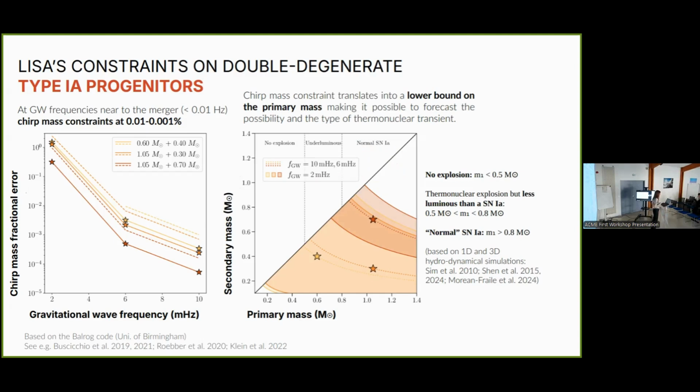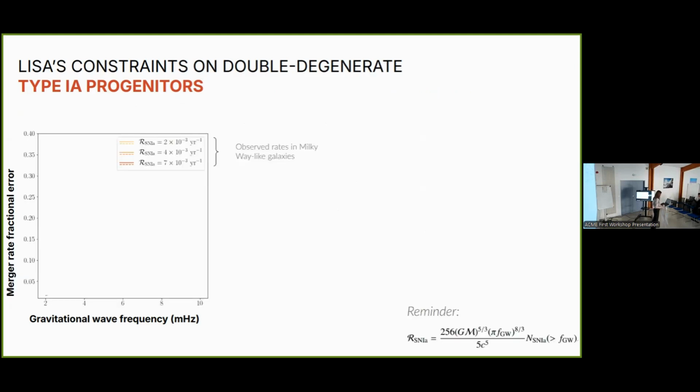Although this will explode in 1,000 years from when LISA will detect, maybe astronomers of the future will be able to observe those. And then we can measure the merger rates of these binaries. Here I will show you the fractional error on the merger rate as a function of gravitational wave frequency. I picked 3 examples of the measured merger rate of type 1a supernova in external galaxies here.